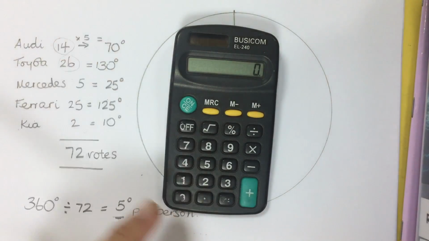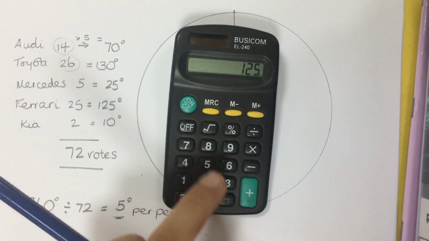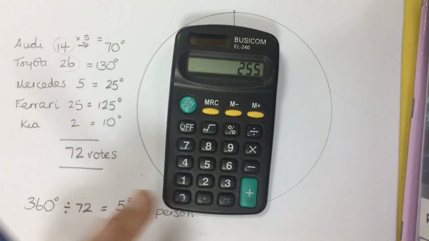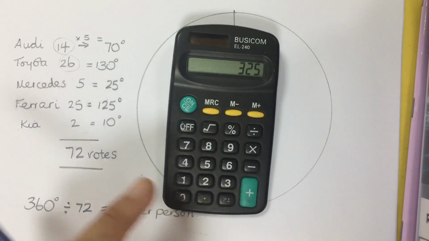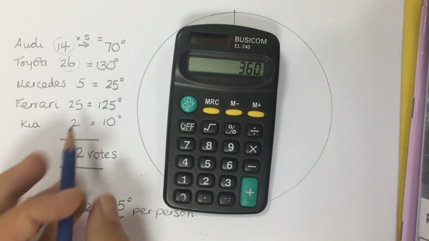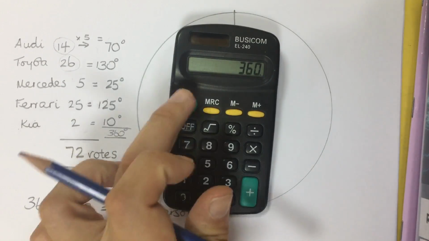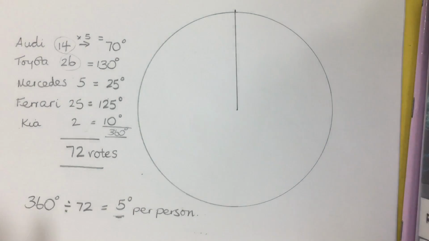So the largest first, 130, add 125, add 70, add 25, add 10. Perfect. They add up to 360 degrees. So I'm happy. Move that to one side.